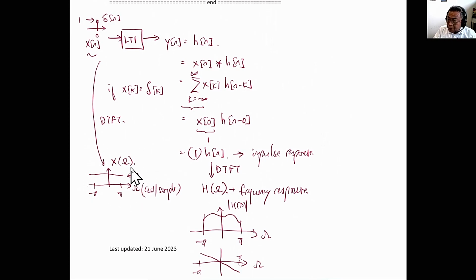Since this is the input to the LTI system, whatever comes out of it will also tell us how different complex exponentials at different frequencies will react. And when we say how, we're interested in how the amplitude is going to change as well as its phase. So this explains why the impulse and the impulse response will let us know the frequency response in the frequency domain.